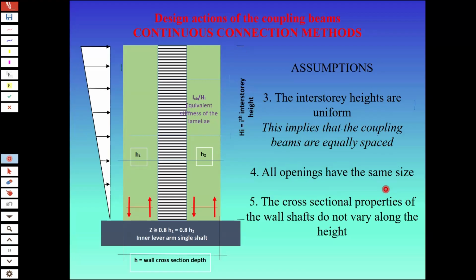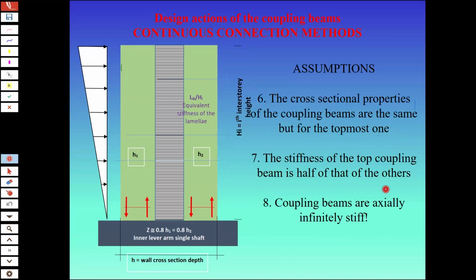Interstory heights are uniform. All openings have the same sizes. Well, but you know, if you design a building, keep this, please. Cross-sectional properties do not change. Well, these may not be exactly true if you go for very high-rise buildings, because you may start with the width of your wall, and then as you go down, start with 20 centimeters, not less, but if you go down in a 200-meter high building, you can go to 30 or even more.